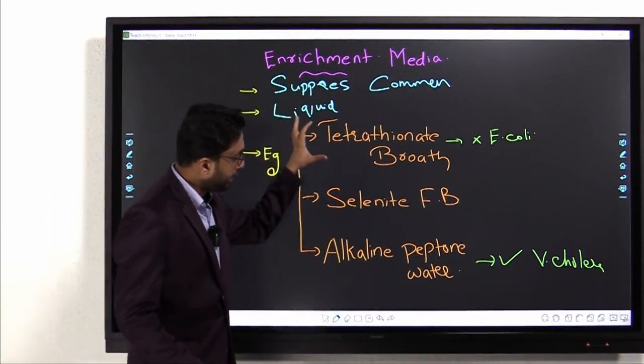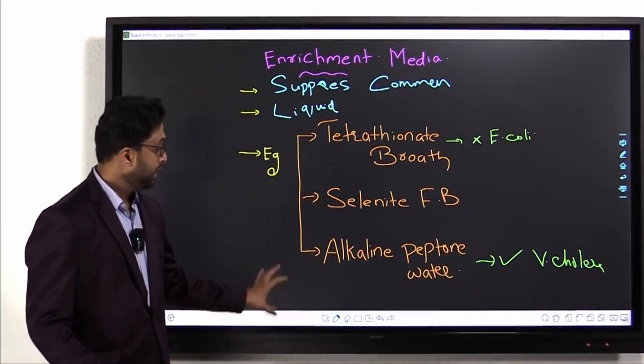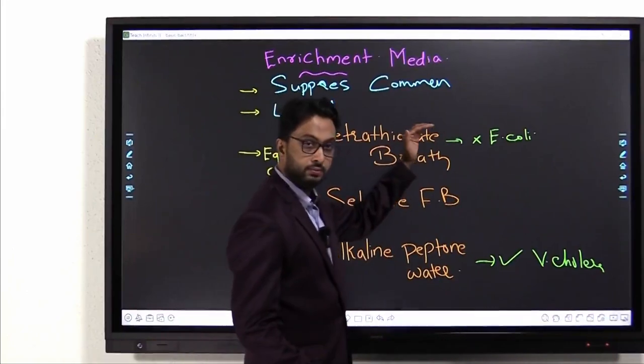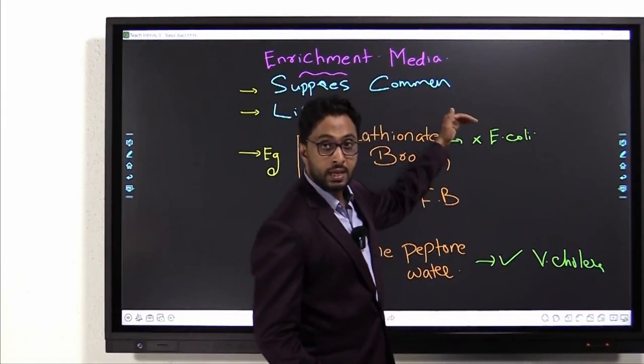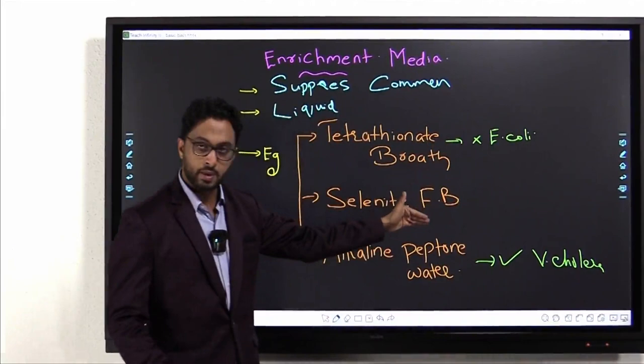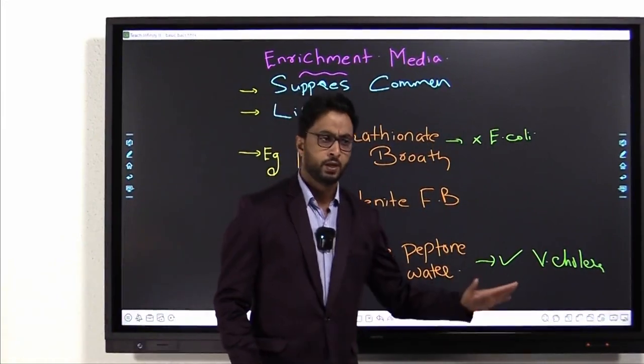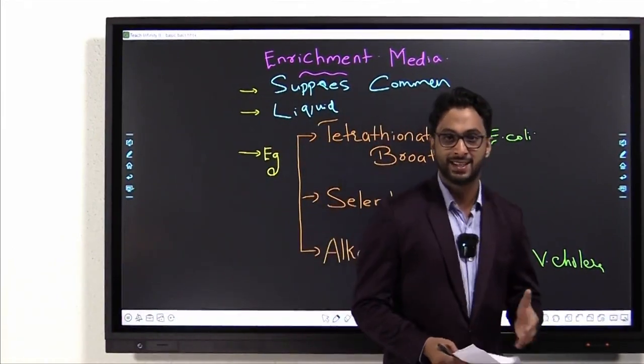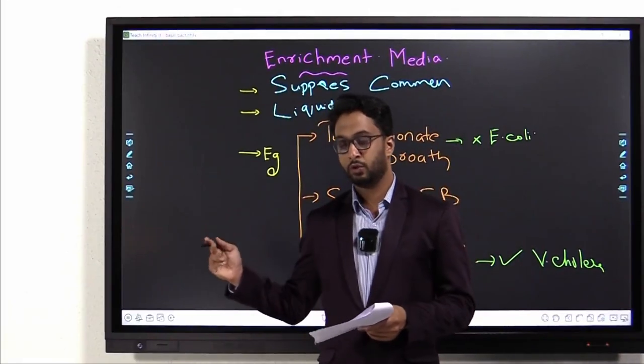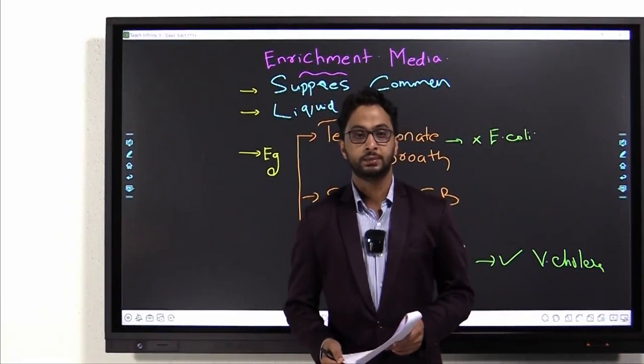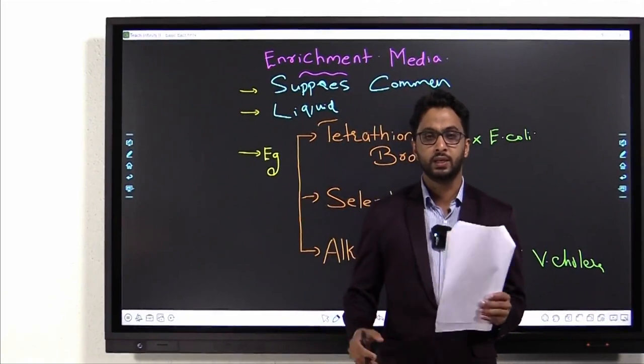Now tetrathionate broth, selenite F broth, alkaline peptone water. Vertical learning. So Salmonella typhi, paratyphi, and Vibrio cholerae. Now, it will not make sense to learn it like this. Some students have asked me whether learning it like this is going to increase our knowledge.